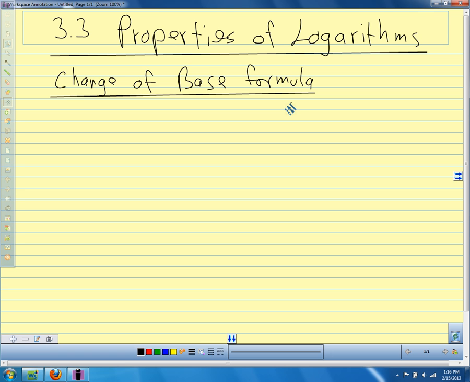So we have a formula for finding the log of any base of a number. So we're going to say that the log base a of x, if we want to switch to log base b, is going to be log base b of x over log base b of a.